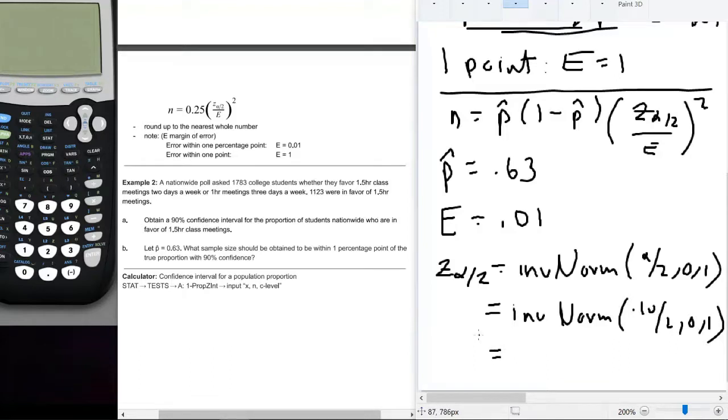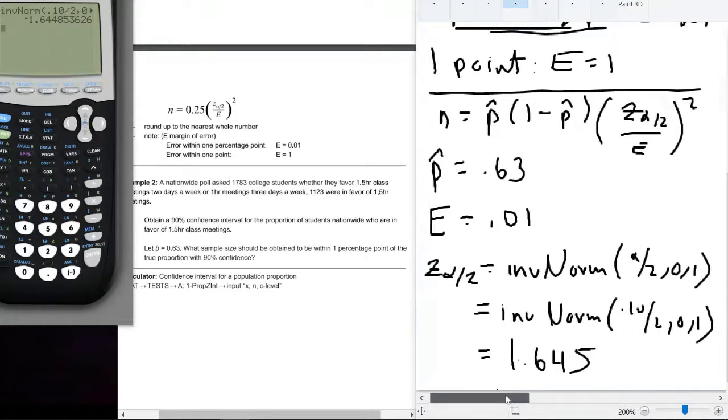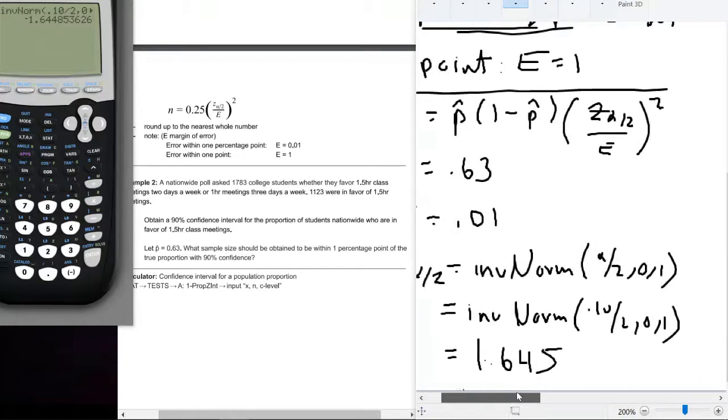We've calculated this before, let's look at it one more time. Here we go to second vars, inverse norm, 0.10 divided by 2, 0, 1. And if you want to simplify before, you can call that 0.05, 0, 1, that's perfectly fine as well. Here we take the positive sign, 1.645, and 3 decimal places is fine when it comes to the critical value. So we have enough information to estimate the sample size needed to be within 0.01 margin of error.